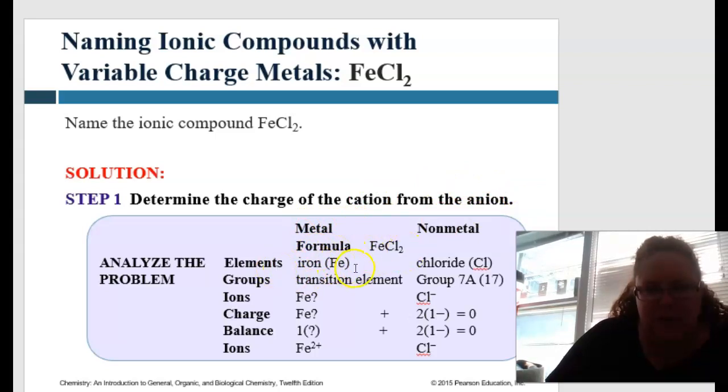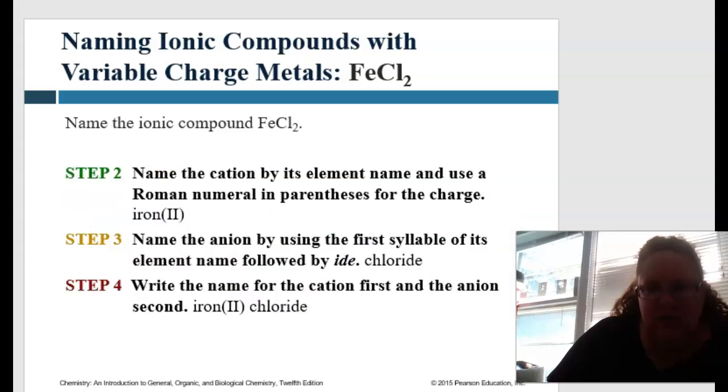So we have iron, which has more than one charge option, and then the non-metals here, and so those are our different charge options. Then we're going to name the cation by its elemental name and use the Roman numeral in parentheses for the charge. So iron(II), for instance.